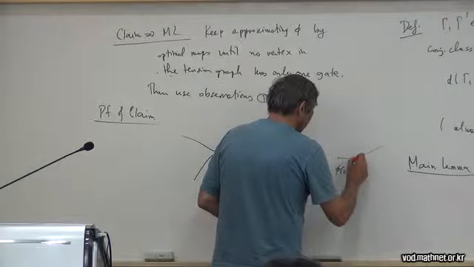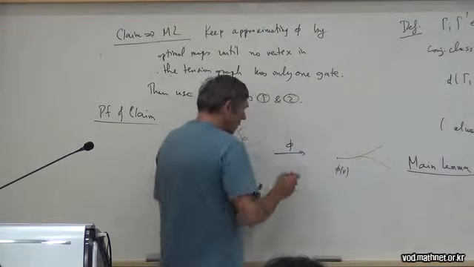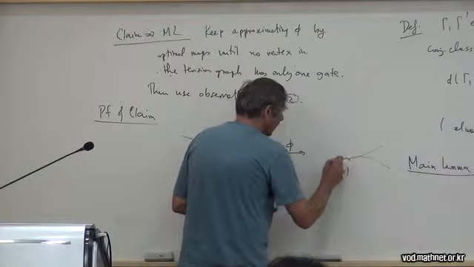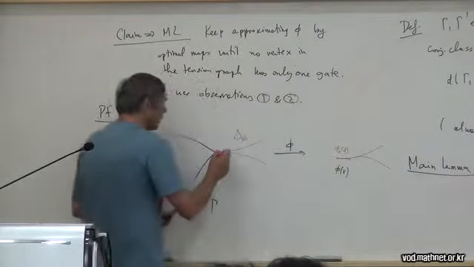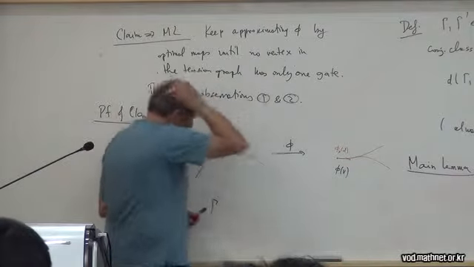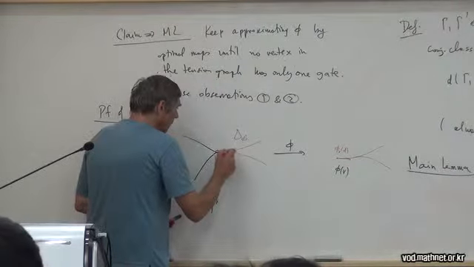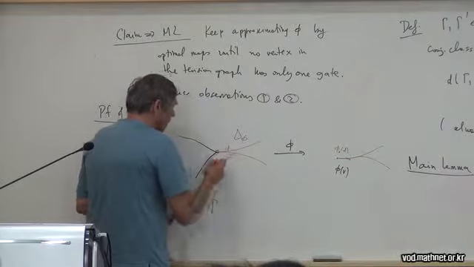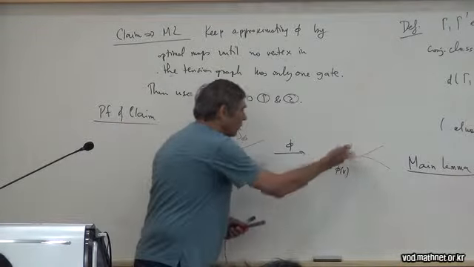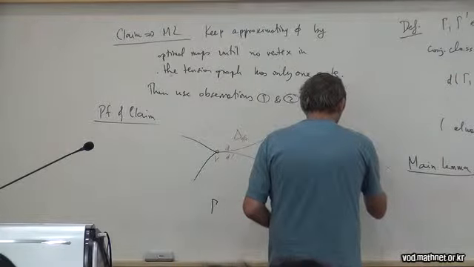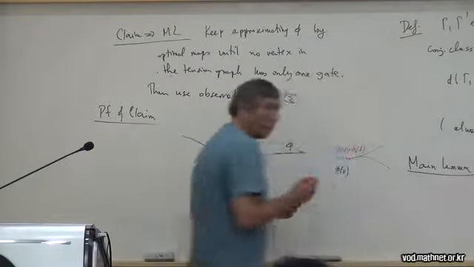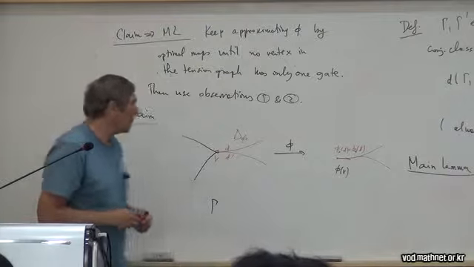So they go like this maybe. This direction is phi star of d for all of these. Maybe one of these is d, the other one is d prime in this case, but they all have the same image. That's the assumption about one gate.